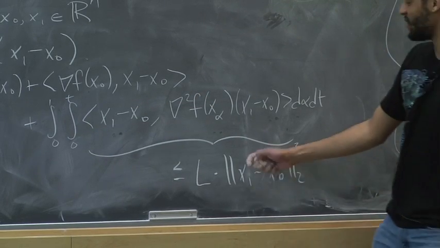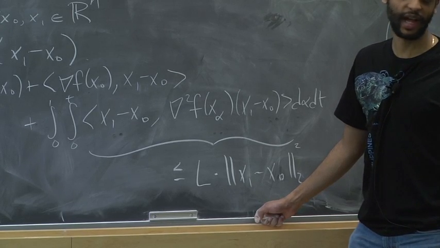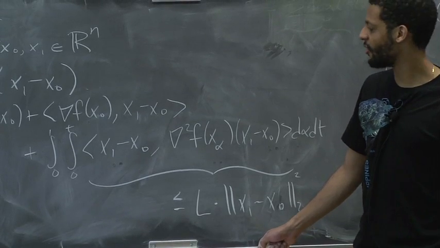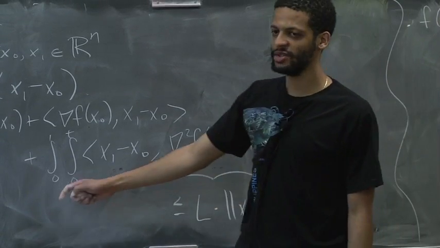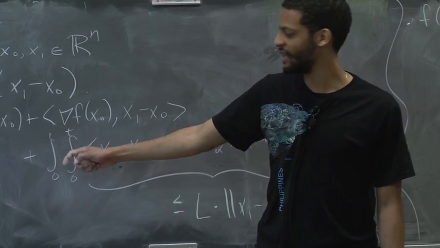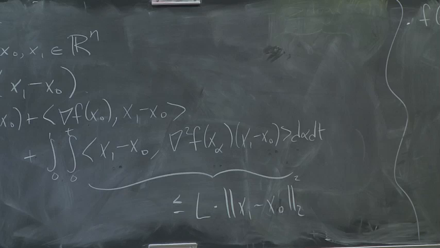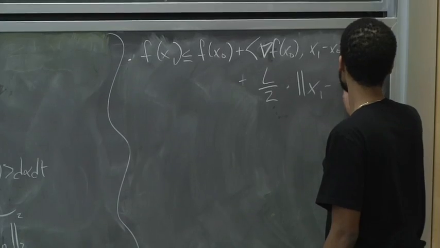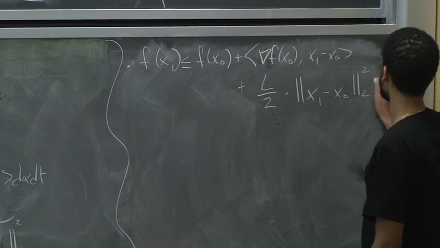This doesn't depend on alpha at all, so when you integrate alpha from 0 to t, you just get t. And when you integrate t, you get t squared over 2, going from 0 to 1. That's 1/2. So this is L over 2 times x1 minus x0, L2 norm squared.